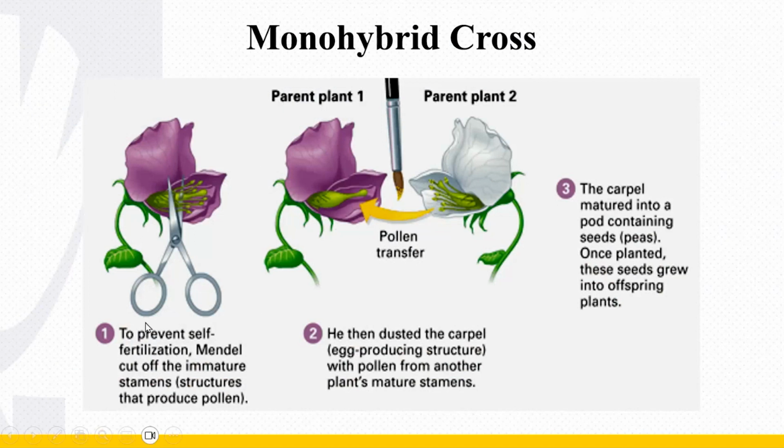So for Mendel's experiment, he took 2 flowers, and to prevent self-fertilization, he cut the stamens off. That was to make sure that we could get the pollen to transfer onto the pistil.